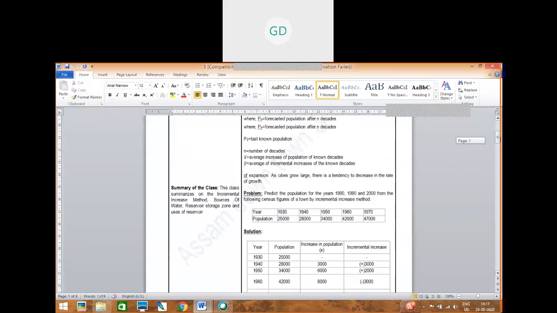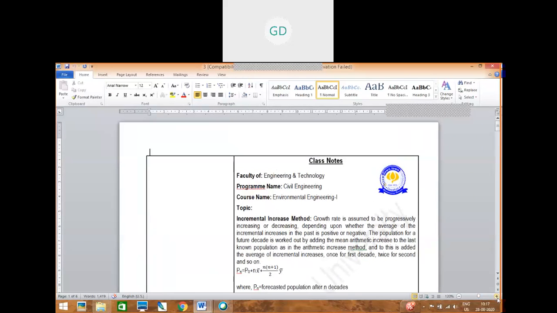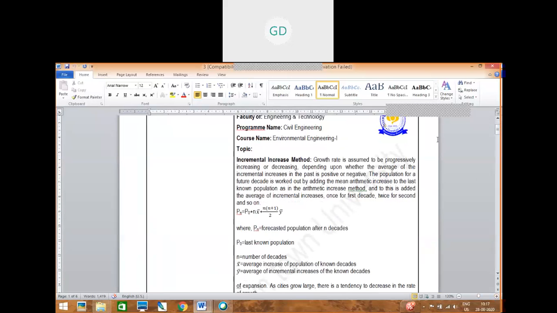Same numerical, okay? Write down the topic: incremental increase method, number 3.